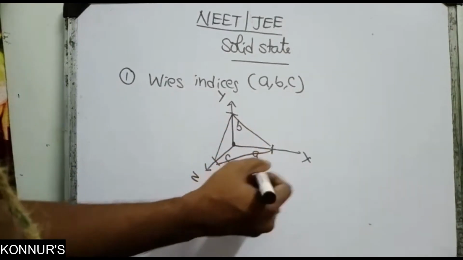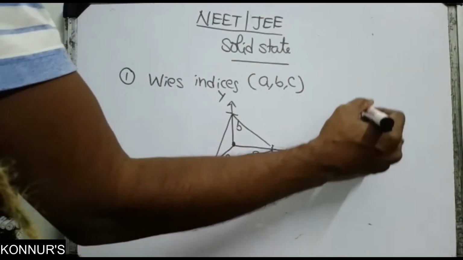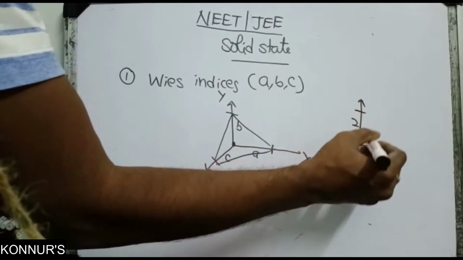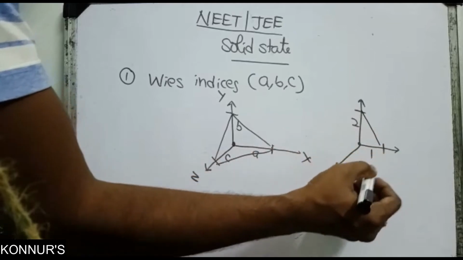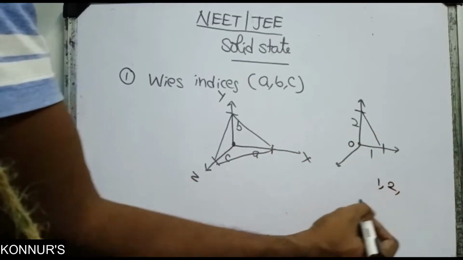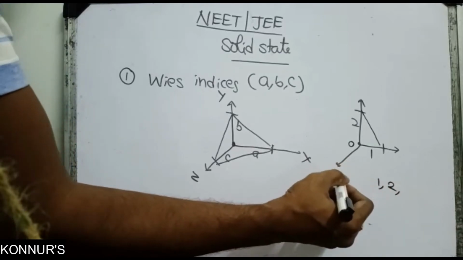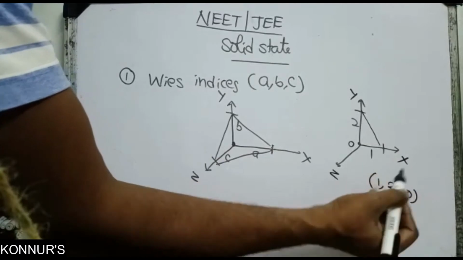Suppose we construct 1 unit on the x-axis, 2 units on the y-axis, and nothing on the z-axis. So the Weiss indices become 1, 2, and this is not constructed on the z-axis, so it is taken as infinity.